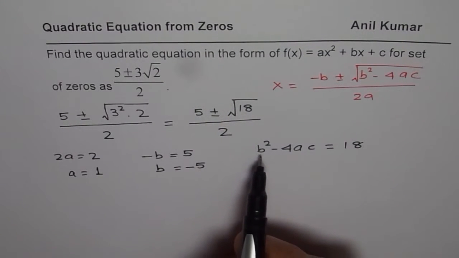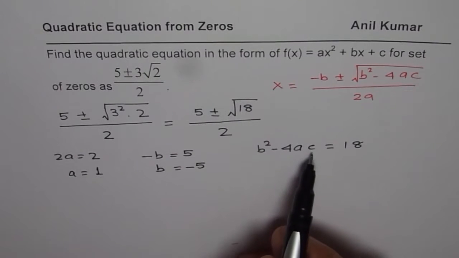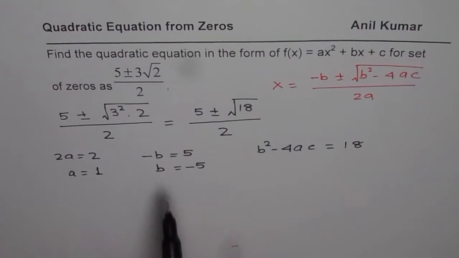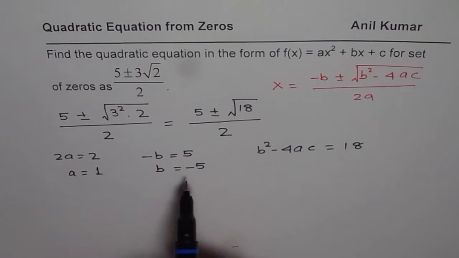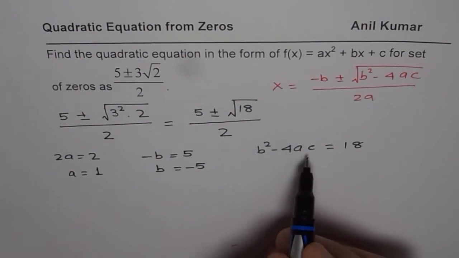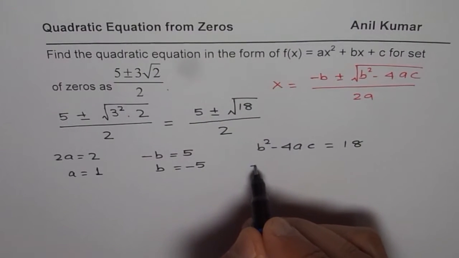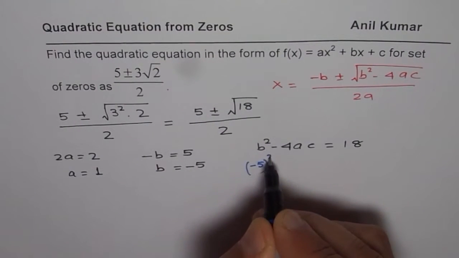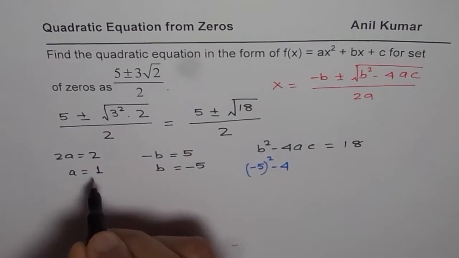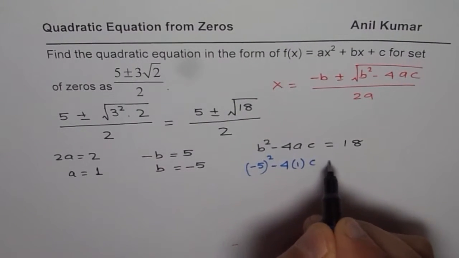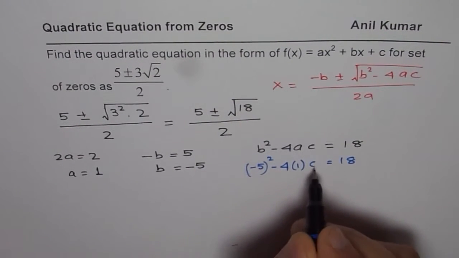Since we know b and a, we can find c from this equation. So let us substitute the values of a and b in this equation to evaluate c. So b is minus 5, so I'll write minus 5 squared minus 4 times a, which is 1, times c, equals 18. Now we can solve for c.